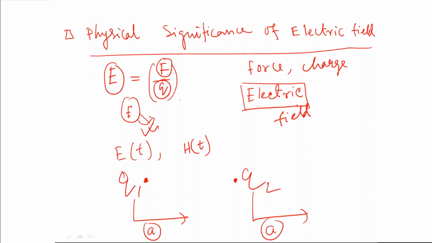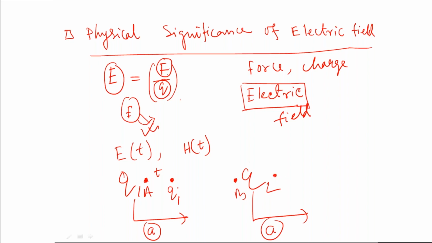Suppose Q1 was at A and Q2 was at B. Now after a certain time t, since they are moving with a certain acceleration, Q1 will come here and Q2 will go here, maintaining the same distance.